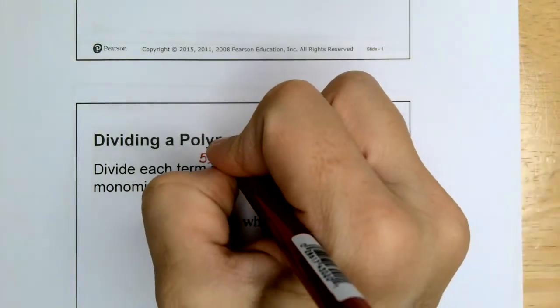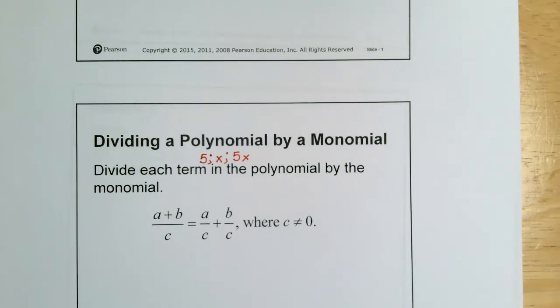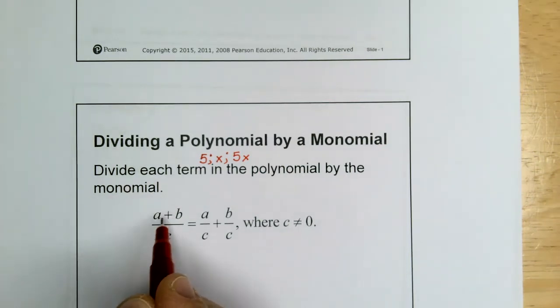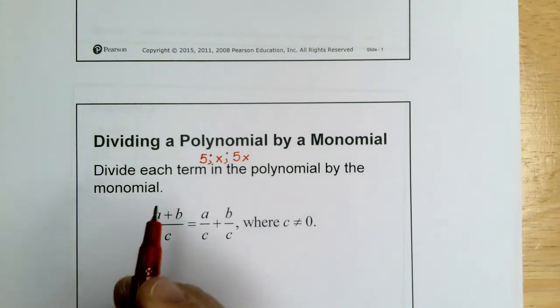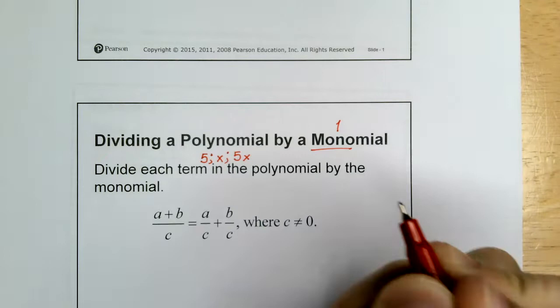And we would separate them with a plus or a minus. So this would have two terms. This would have one term. There's one term in the bottom. Divide each term in the polynomial. That's on top. There are two. By the monomial. Mono means one.